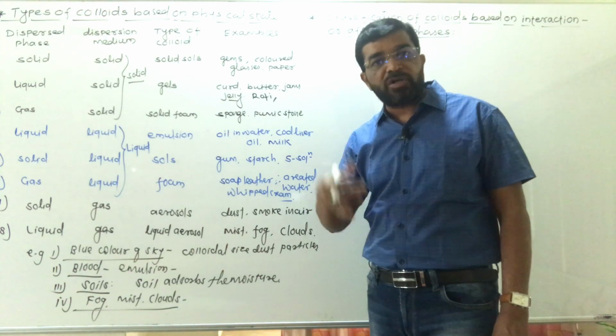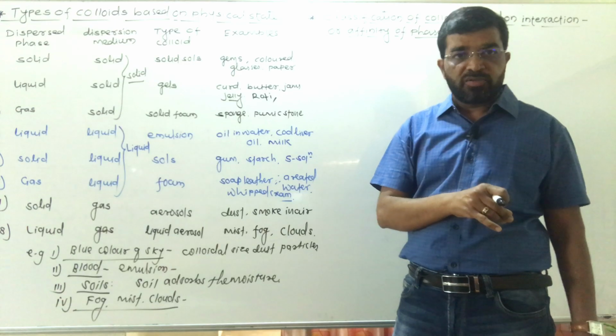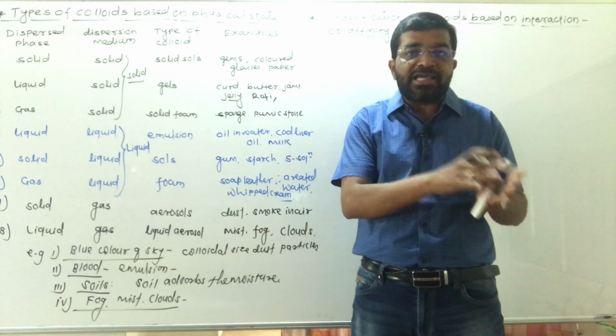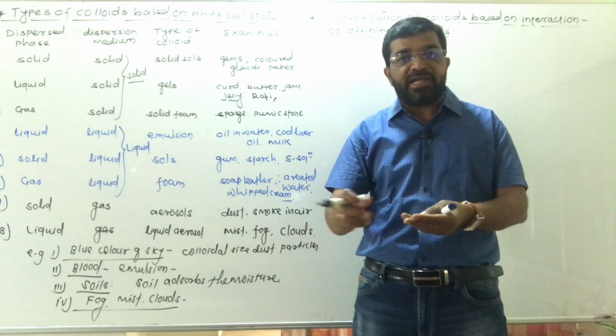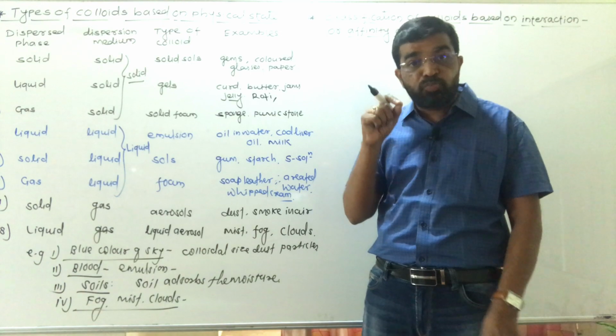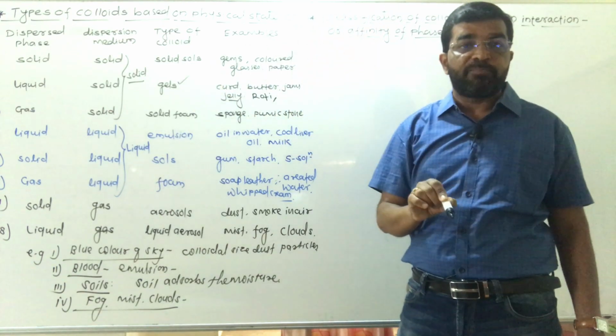Pudding is also an example of gel. Now think in this way: wood polish, not liquid. Actually in wood polish, liquid is less and solid is more. Therefore we can take it on a brush and polish the shoes. So wood polish is also an example of a gel.